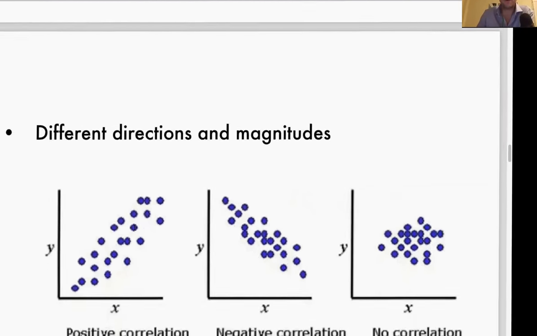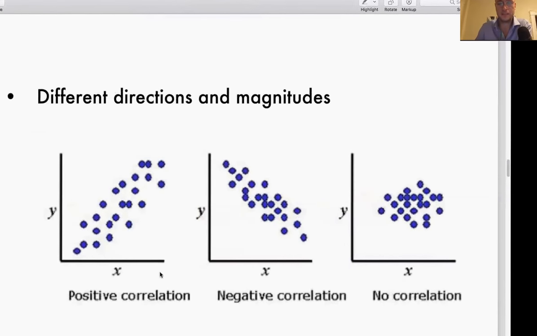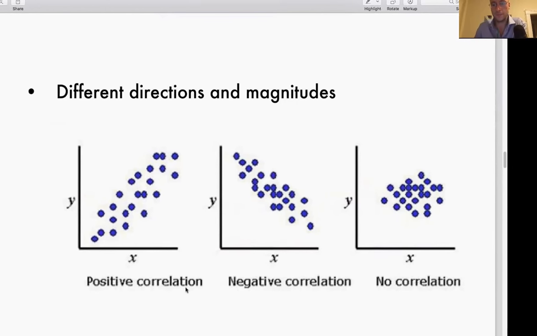So let's talk about what correlations do. They can basically be positive, they can be negative, or there can be no correlation. As I said before, the scatter plot describes two quantitative variables on an x and a y axis. That's what we see here. Horizontal, x, vertical, y. And correlations are meant to be read, scatter plots are meant to be read left to right.